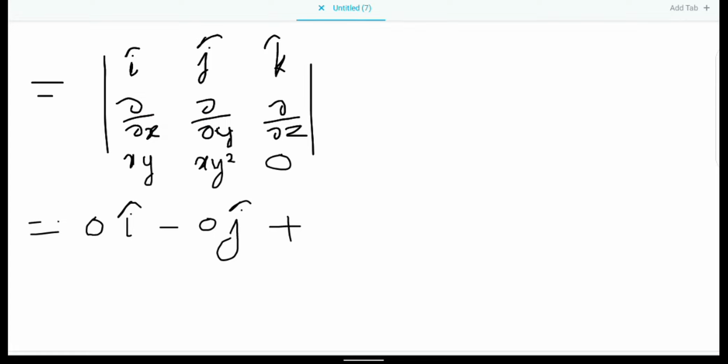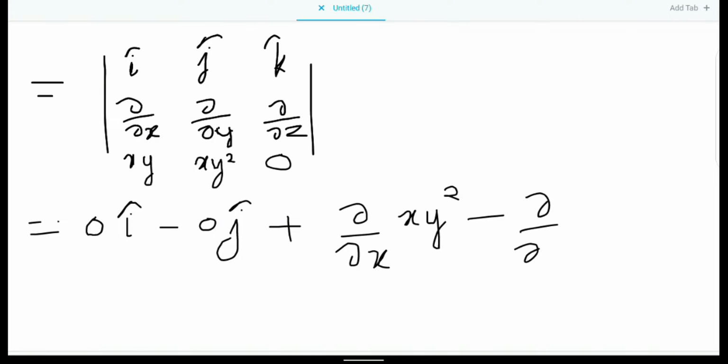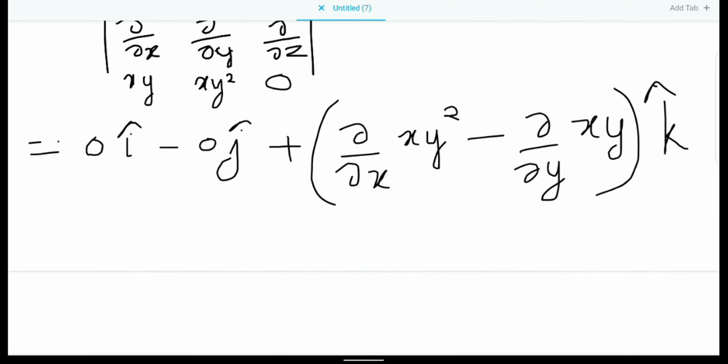And then del/del y of xy is just x. So the curl is equal to (y squared minus x) times k.